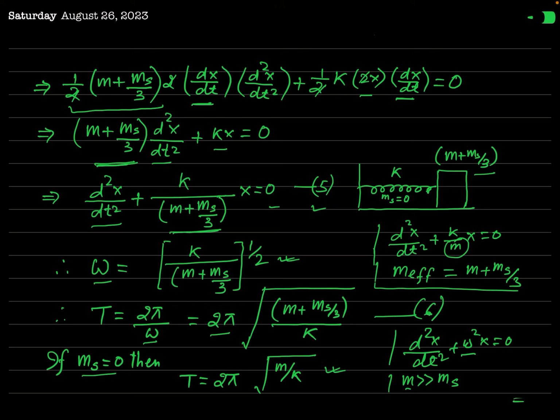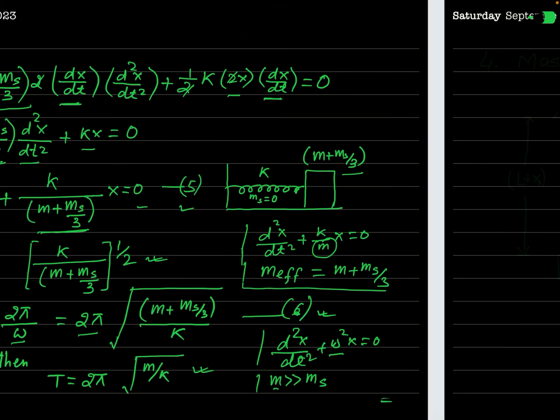So actually, when you talk about the spring mass system, definitely there will be some mass in the spring, and so this equation 6 is the general result. And from this result, you can easily obtain that if a spring is massless or has a negligible mass in comparison to the mass of the block, then the time period will be 2π√(m/k). I think definitely you have clearly understood this problem.